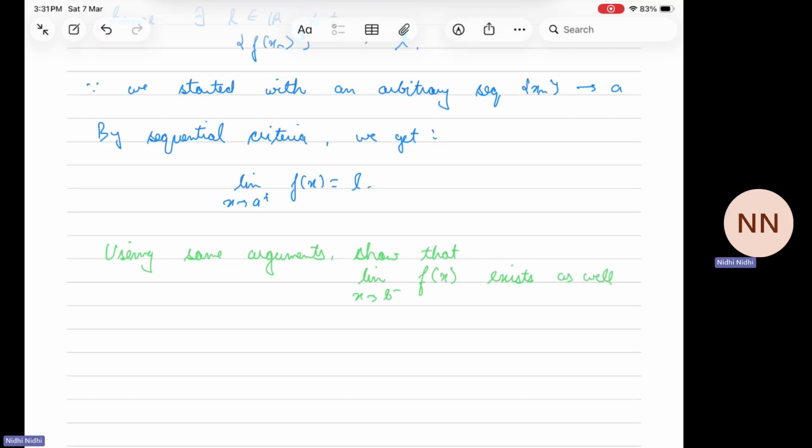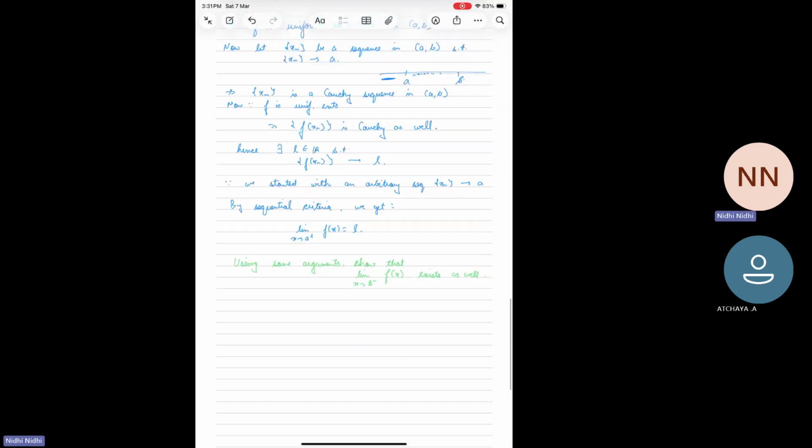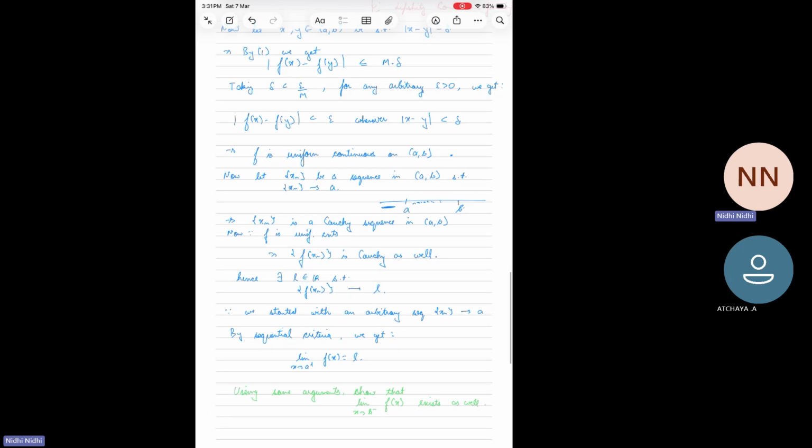You can try it yourself. Following exactly the same arguments that had been explained for this limit as x tends to a plus, try to prove that the limit as x tends to b minus of f(x) exists.